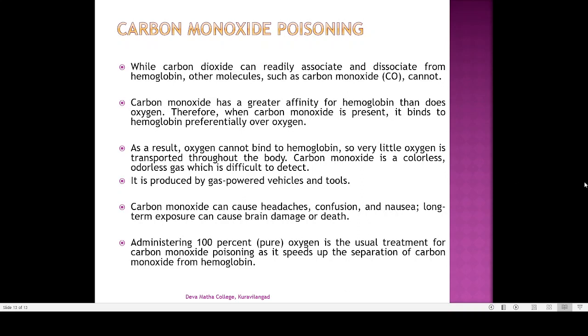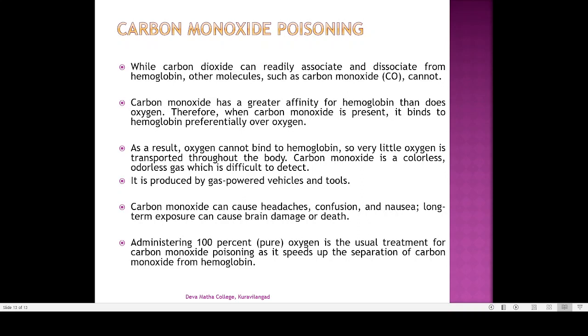Here you can see that while carbon dioxide can readily associate and dissociate from hemoglobin, other molecules such as carbon monoxide cannot. There are two types of oxides: carbon monoxide and carbon dioxide. With carbon dioxide, even though there is an extra oxygen, it can easily attach to a hemoglobin molecule and also detach from it.